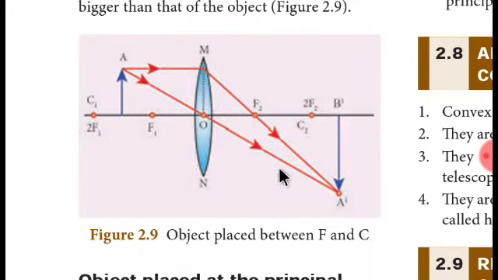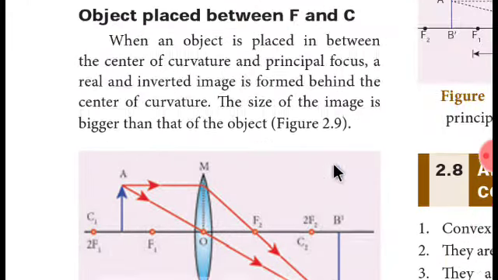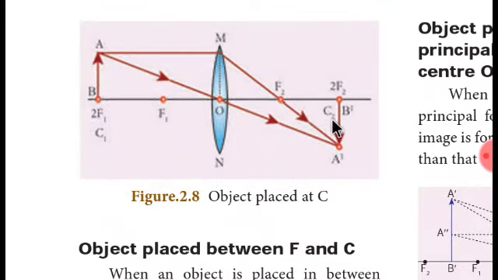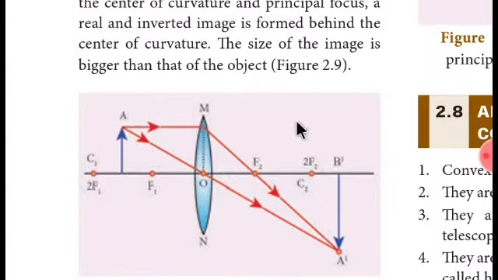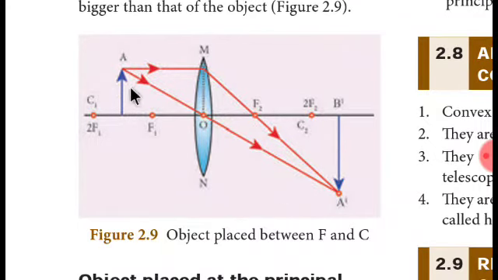Look here, the image size is much bigger. In this case, the image size and object size are same. This is placed at C and the image comes at C, and here the object size is lesser than the image size, right? Just compare. This is called magnification.